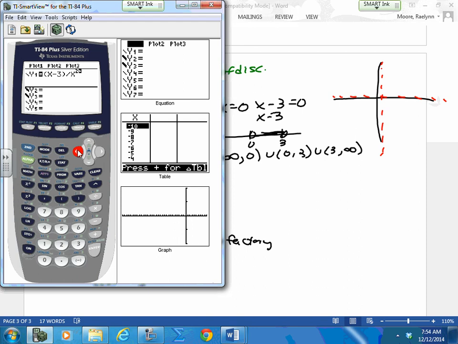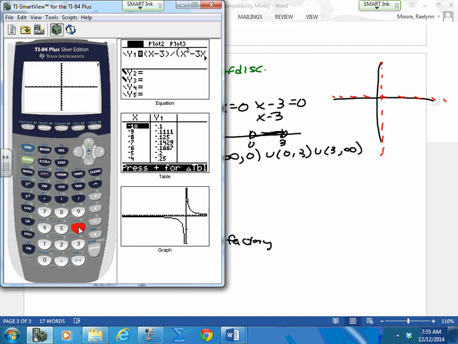Oops, I had to put my parentheses. All right, do a zoom 6. Let's just do a zoom 6 and see what we get.